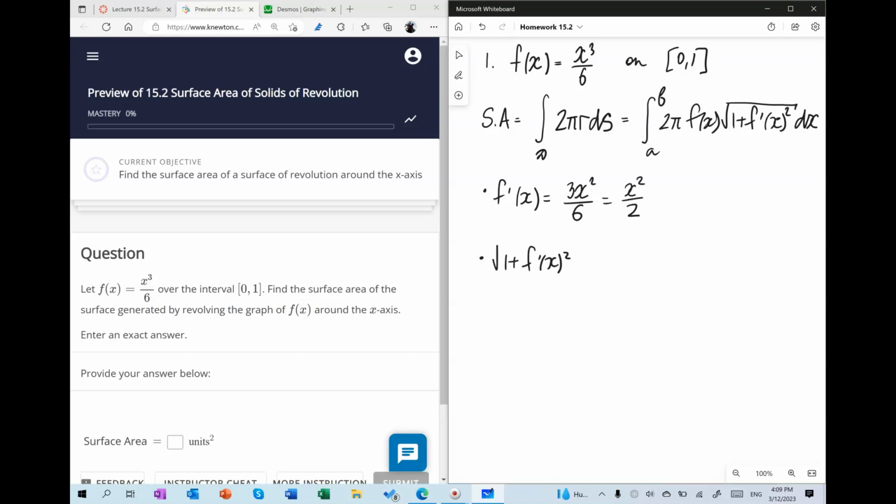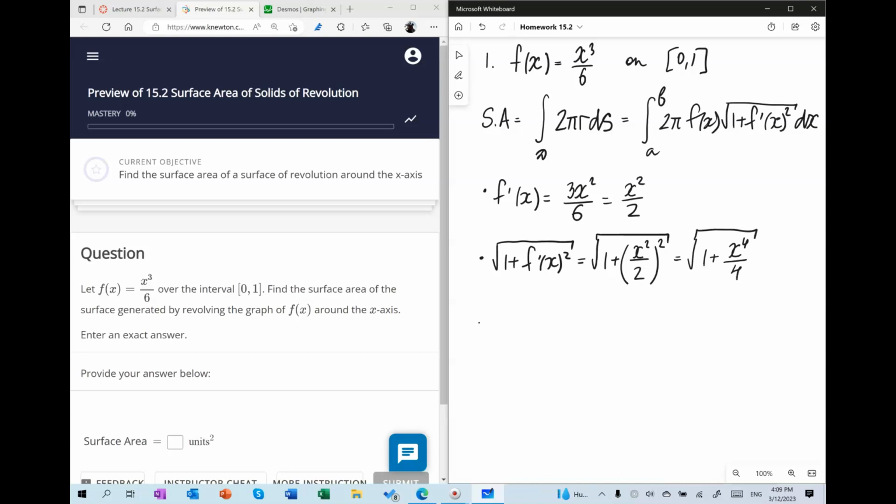Or not compute, but rather find it in the simplest form. So we're going to have a square root of 1 plus x squared over 2, and we have another square here. So it's going to be a square root of 1 plus x to the 4 over 4.